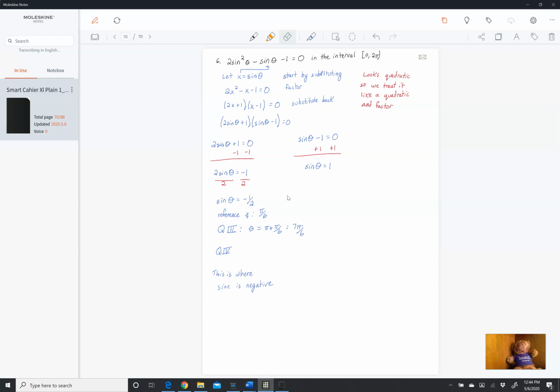Notice we do not write plus 2 pi n. That's because we have an interval here that says don't go past 2 pi. In quadrant 4, it's 2 pi minus pi over 6. So 2 pi here with a denominator of 6 is 12 pi over 6, so here we get 11 pi over 6. Sorry, I put my 11 in the wrong place.